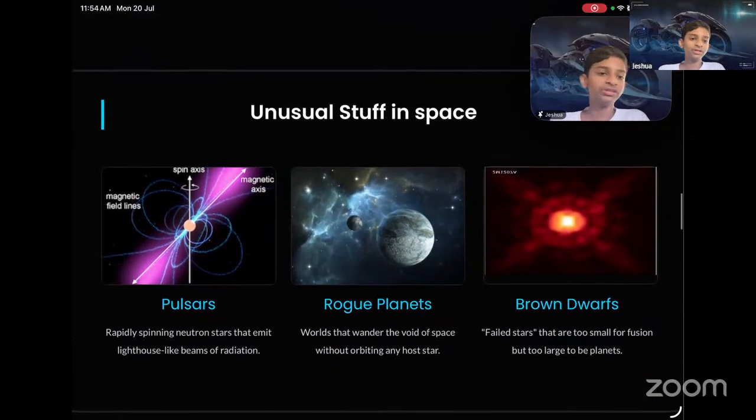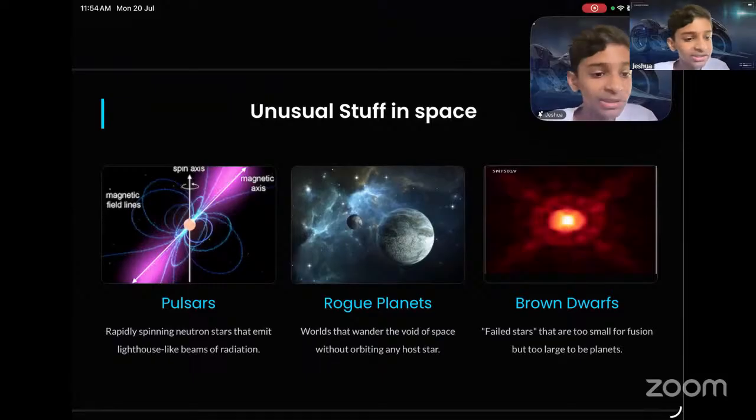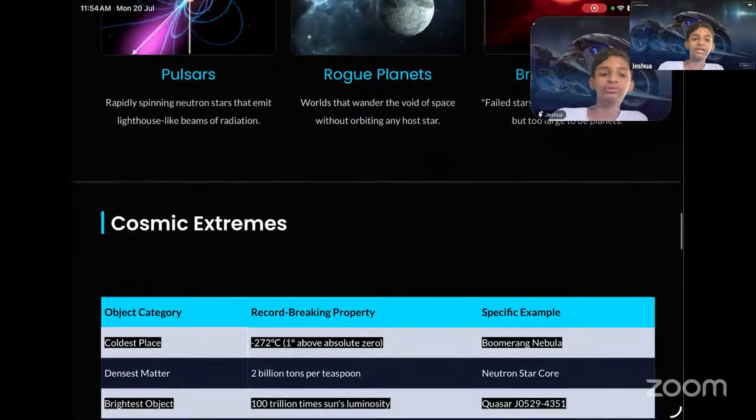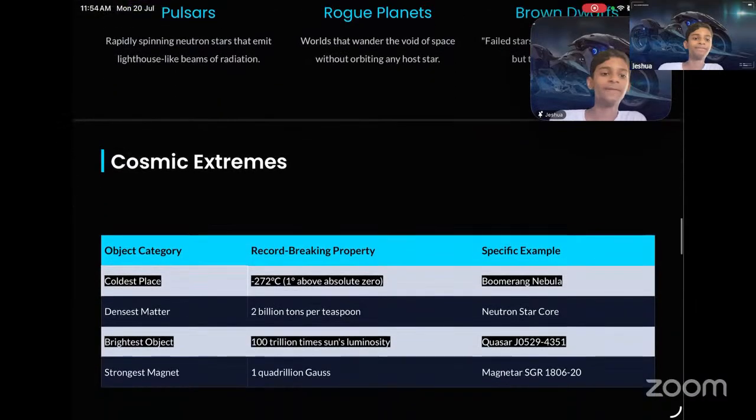So, the unusual stuff in space. Pulsars. These are rapidly spinning neutron stars that emit lighthouse-like beams of radiation. Rogue planets, worlds that wander the void of space without orbiting any host star. Brown dwarfs, failed stars that are too small for fusion but too large to be planets.